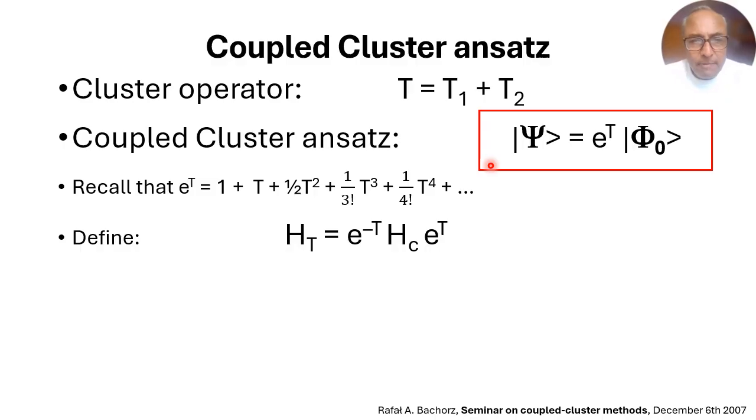We now define the transformed Hamiltonian HT as e to the power minus T Hc e to the power T. Then the negative of the correlation energy is given by bra psi Hc psi ket, or bra phi 0 HT phi 0 ket.